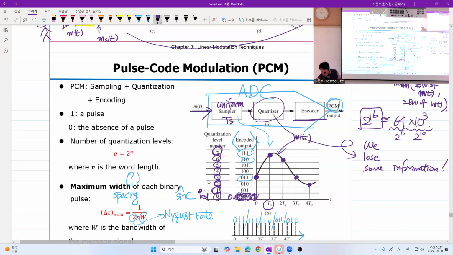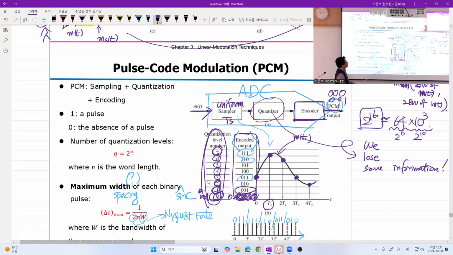And what does this encoder do? It converts this level name to a finite number of binary vectors. So here the zeroth level is encoded as 000, the first as 001, something like that.